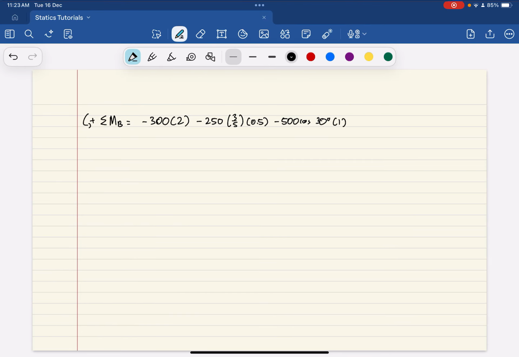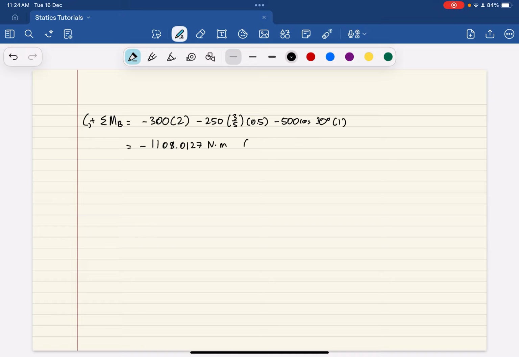So how much do we end up getting? It's negative 300 times 2 minus 250 times 3 over 5 times 0.5 minus 500 cosine 30 times 1. So we end up getting negative 1108.0127 Newton meters.